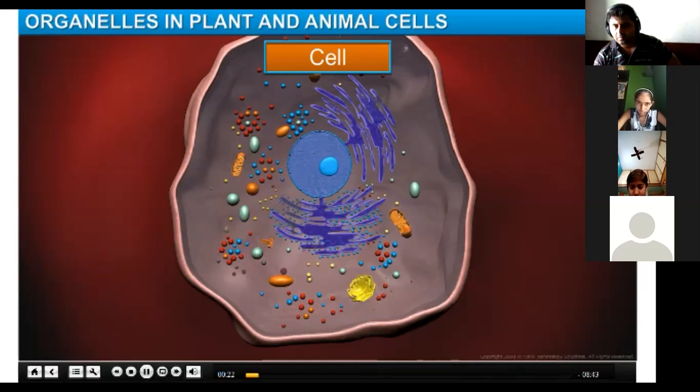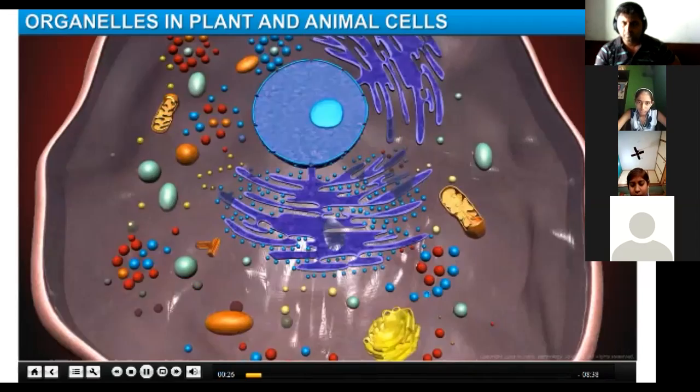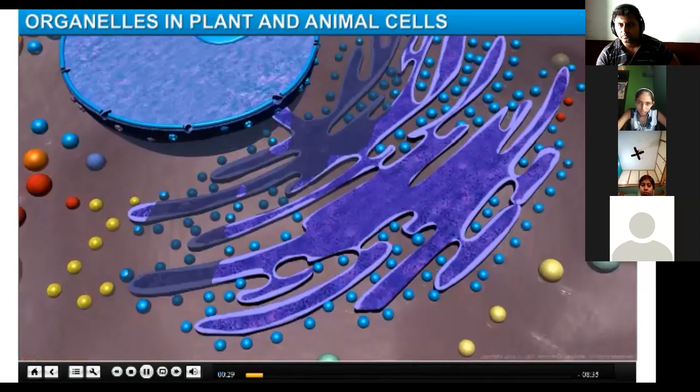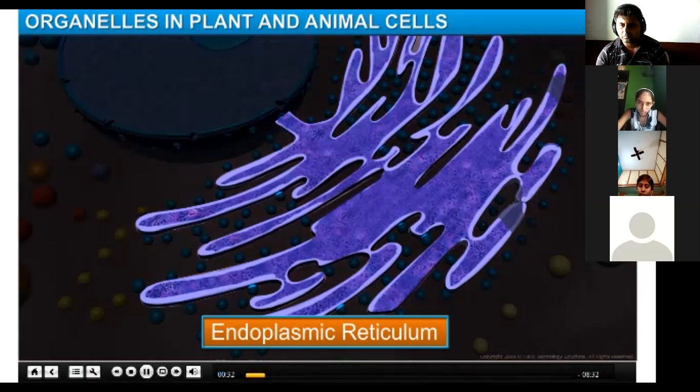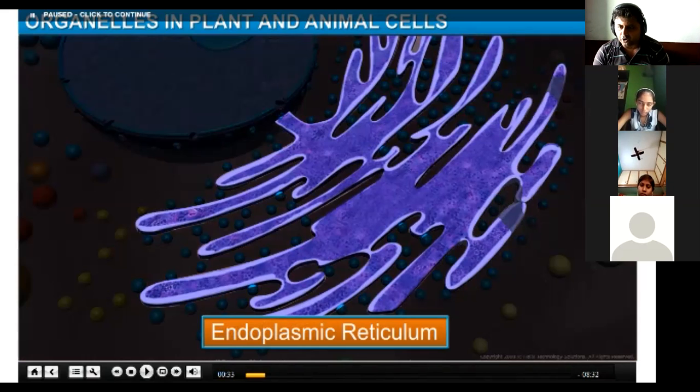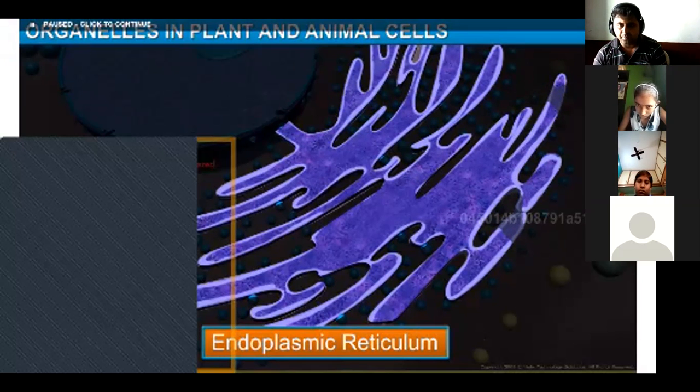Let's explore the different organelles of the cell. This is the protein synthesizing site of the cell, called the endoplasmic reticulum. Take down.